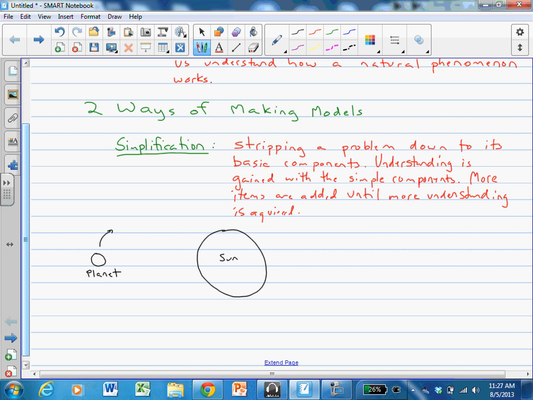We might be interested in the gravitational force between the planet and the sun. To understand that gravitational force, we would need to know its mass and stuff. But we might make some assumptions, some simplifications, like perfect ellipse.